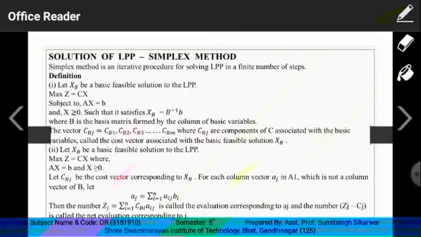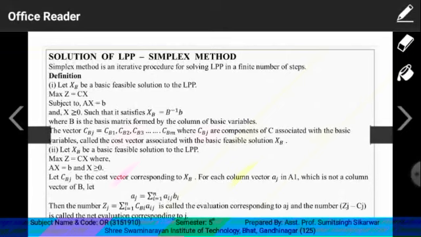This simplex method is an iterative procedure for solving LPP in a finite number of steps, which indicates that it provides an algorithm which consists of moving from one vertex of the region of a feasible solution to another vertex in such a manner that the value of the objective function at the succeeding vertex is less or more, whichever may be the case, than at the previous vertex.